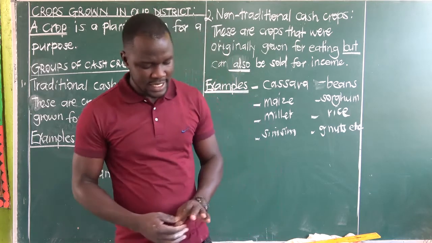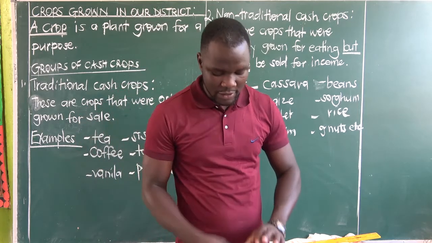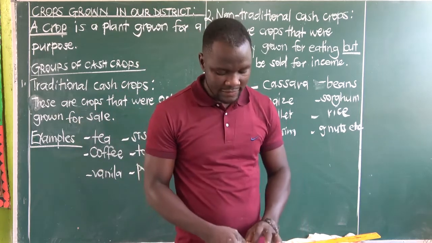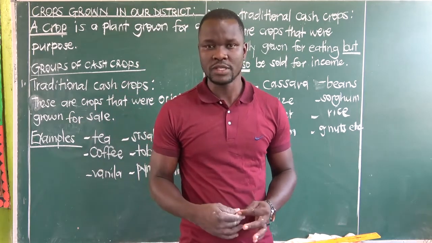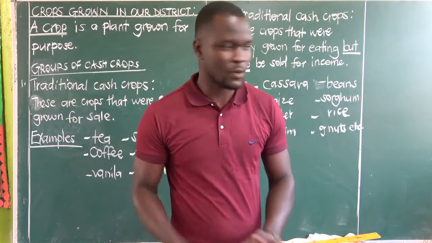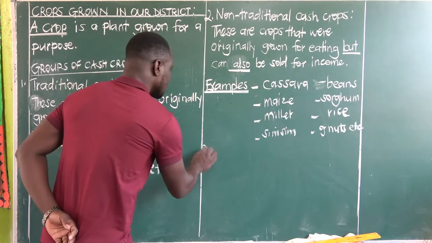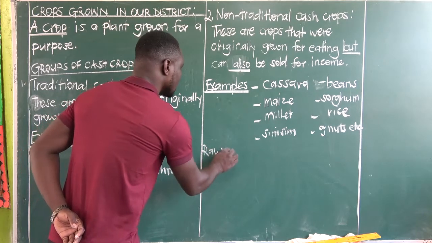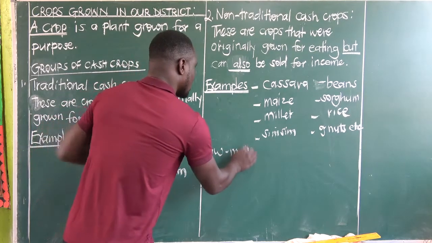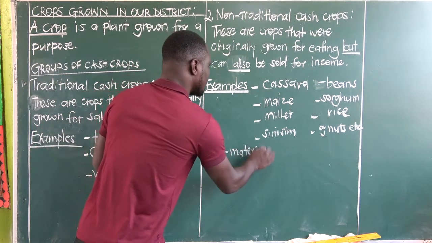Let us look at page 16, where we are given some of the crops together with their products. What we need to note is we have what we call the raw materials got from these crops, and we have the products got from these crops.